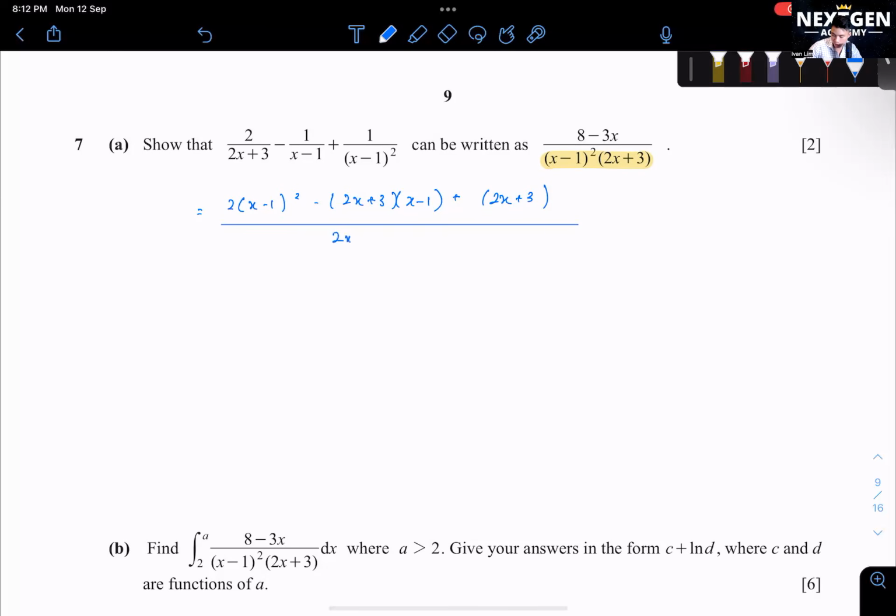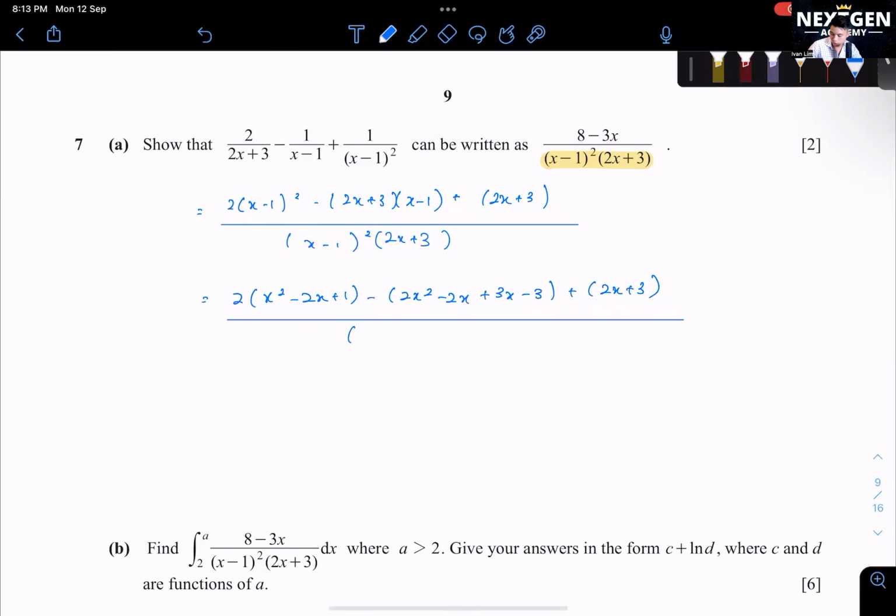Therefore, here will be 2x plus 3. We follow the way that they did, 2x plus 3 at the back, then x minus 1 squared. Okay, open up the bracket. This one will be 2(x squared minus 2x plus 1) minus (2x squared minus 2x plus 3x minus 3) plus 2x plus 3, over x minus 1 square times 2x plus 3.